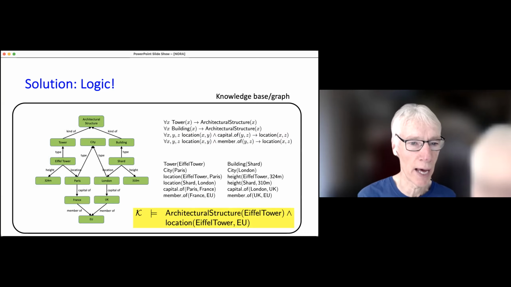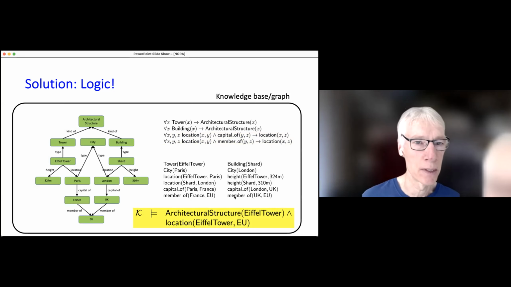We can compute that just because our logical form of the knowledge graph shown above actually entails the two atoms: the Eiffel Tower is an architectural structure, and the Eiffel Tower and the EU are in this location relationship. So that's entailed by our facts and our axioms in the logical form above.